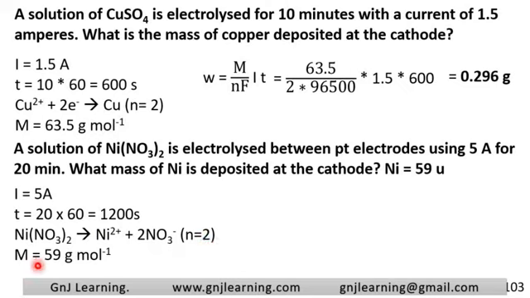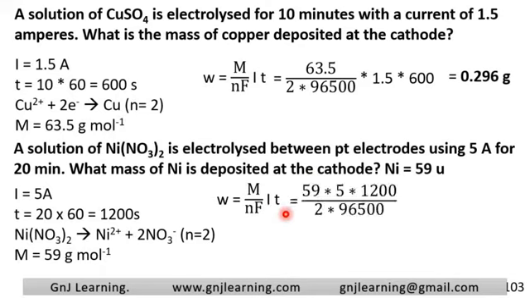Molar mass is equal to 59. Again I am using the same formula as I used in the previous problem. So W is equal to M by NF into IT. Substituting, I get 59 into 5 into 1200 divided by 2 into 96,500. I will get the amount of nickel deposited as 1.83 grams.